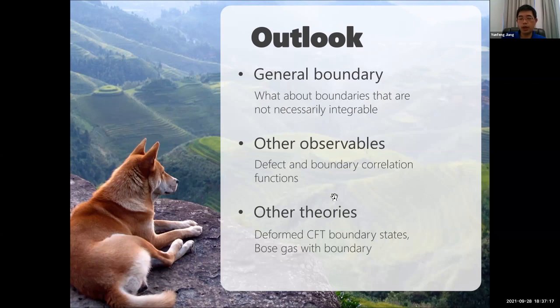For example, we can compute the defect and the boundary correlation functions by the form factor bootstrap approach. And we can also consider other theories like boundaries in CFTs and defects in CFTs, and also systems like gas with boundary. So with that, I will end my talk.